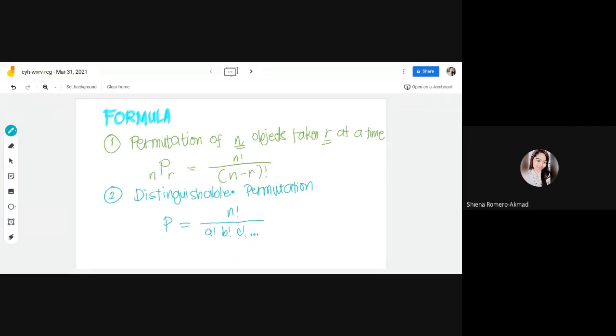Okay? So ito naman ginagamit natin if there are things that are the same objects. Like for example, pare-pareho silang blue, pare-pareho silang made of wood, okay, naintindihan. So later, madadagdagan pa tong formula na alam ninyo because of the circular permutation.